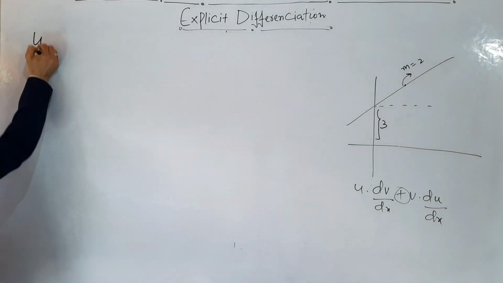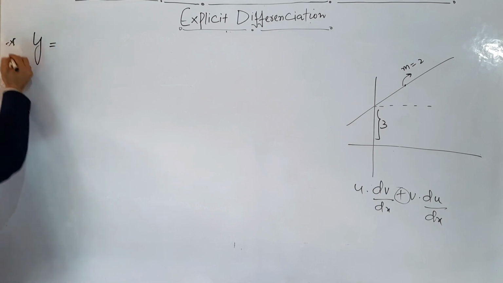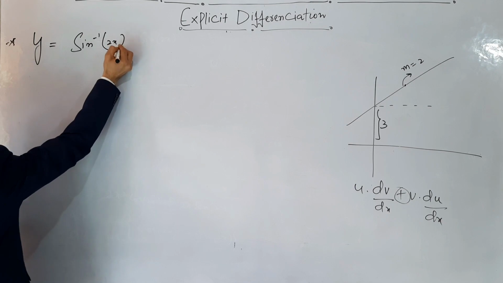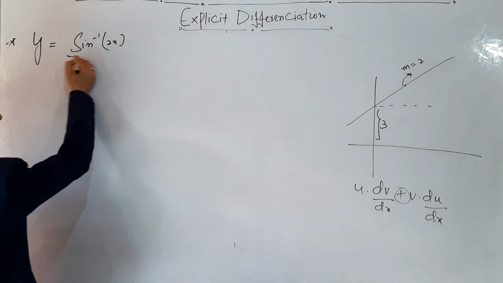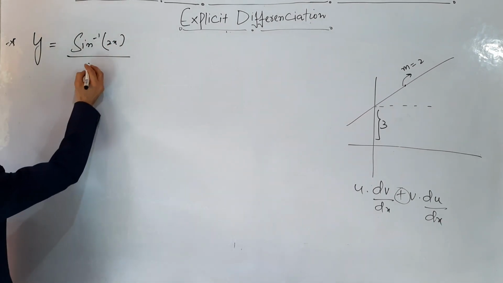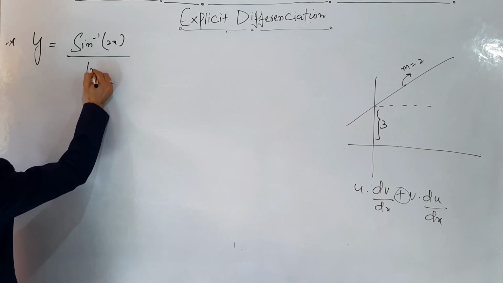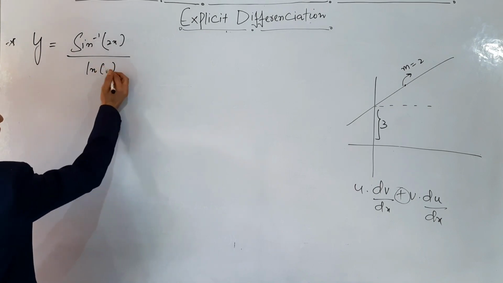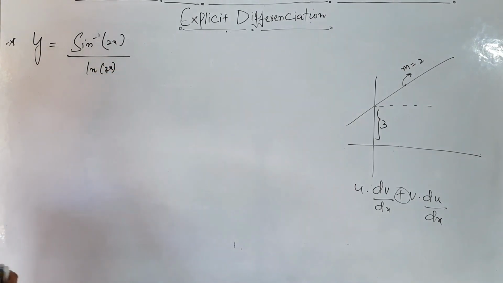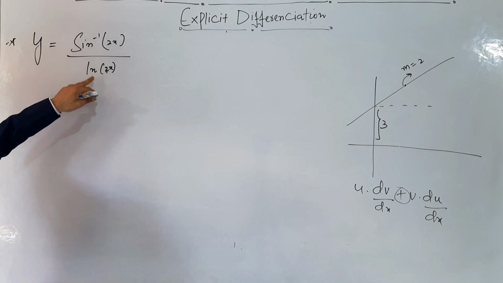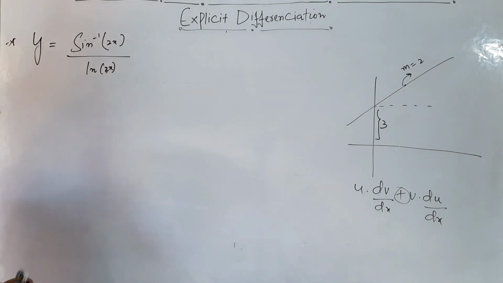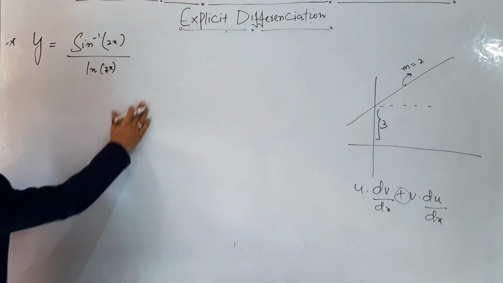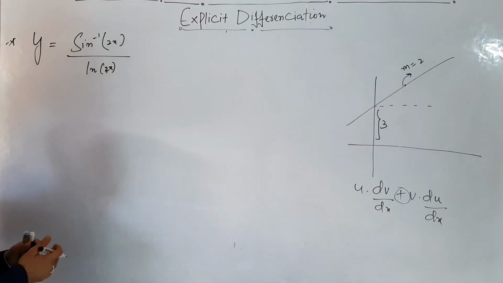Suppose we have the function y equal to sine inverse of 2x upon ln of 2x. I write ln of 2x instead of ln of x so that we can do such problems, which will be more complex.